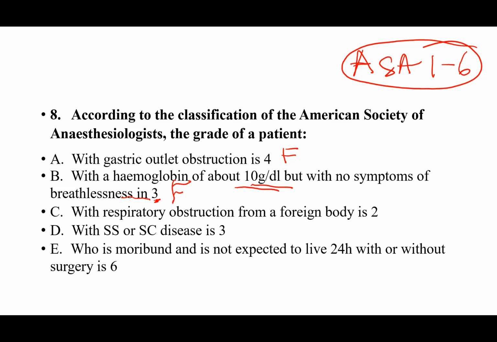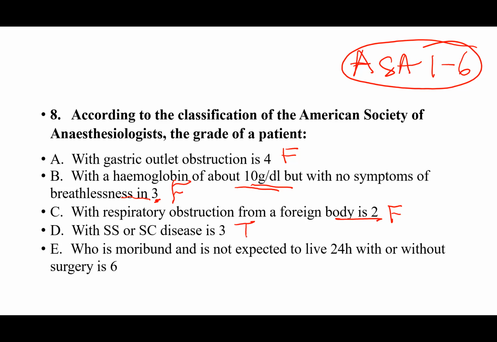Now, respiratory obstruction from a foreign body, they said it's mild. Is this true? It's false. It's ASA 4, a constant threat to life. Now, what of a sickler? It's a severe systemic disease. Is that not so? True.